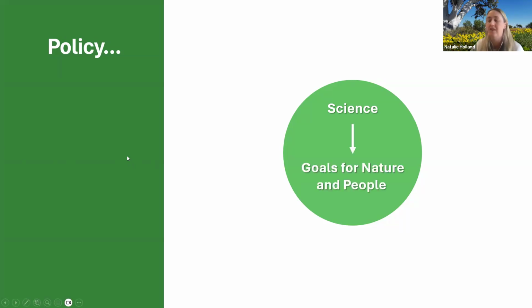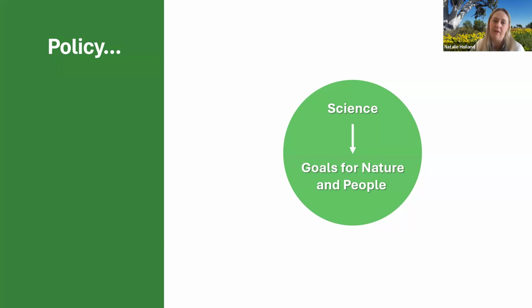So we use that science to set our goals of what we're trying to achieve and to use that information to inform the actions we take to protect and restore the lands and waters and wildlife that are the focus of our work, and to help shift how people and communities interact with the natural environment and to sustain their cultures and livelihoods whilst also achieving those conservation outcomes that we seek to achieve.